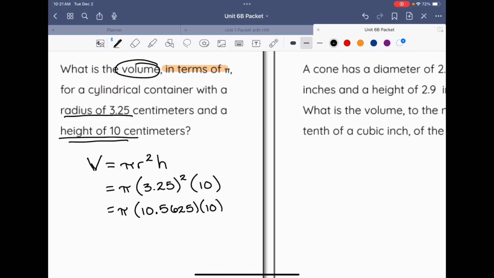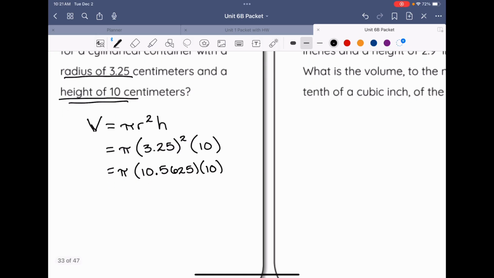Let's multiply that by 10. We're not going to multiply by pi because pi is going to be in our answer since it's asking us for it in terms of pi. So 105.625 pi, and then this is in centimeters cubed.